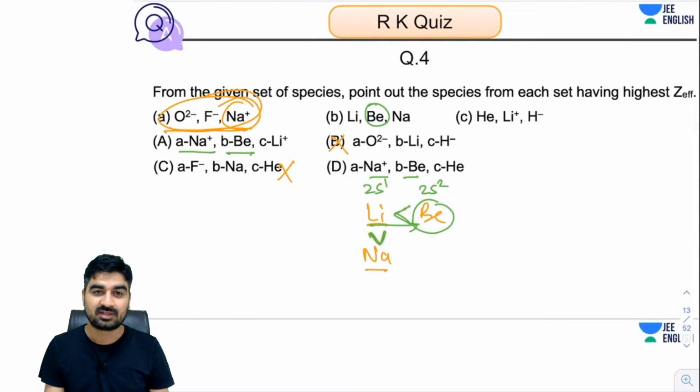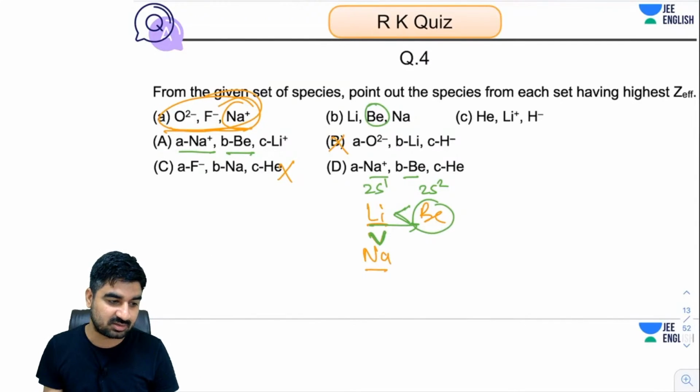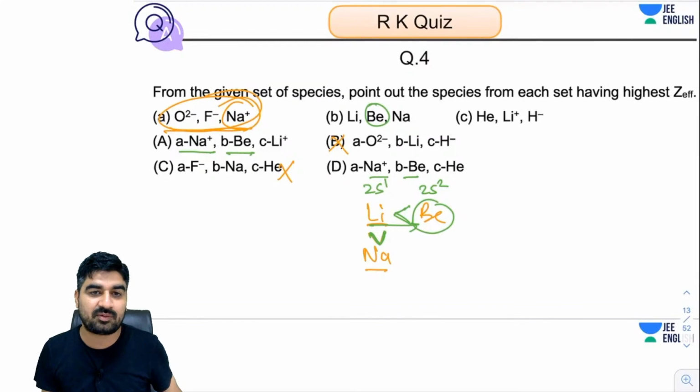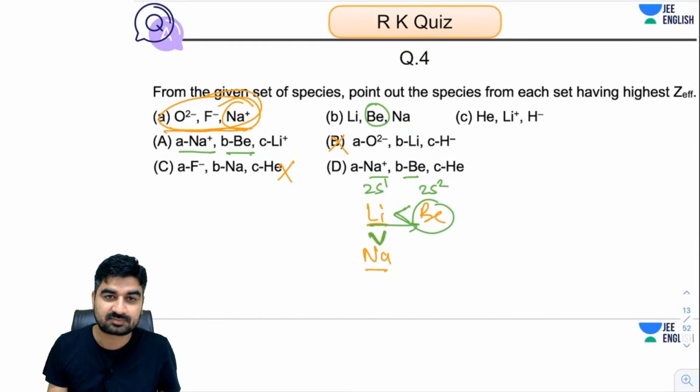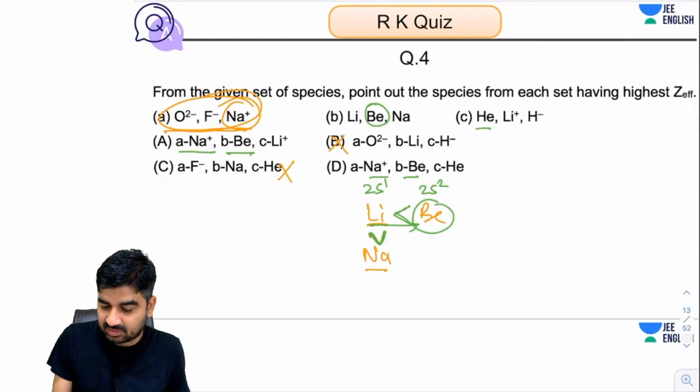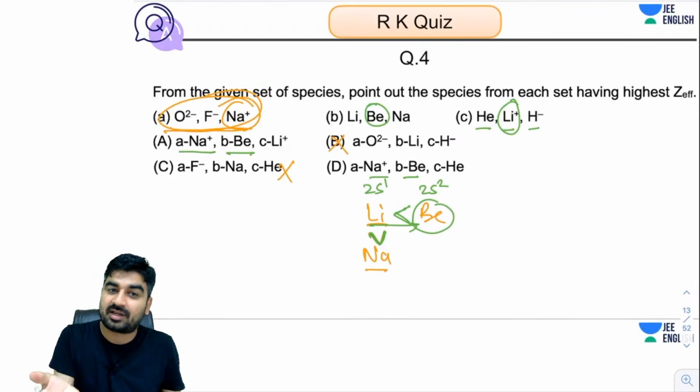Hi Manish. Everybody is solving, so just reply, give your answer. We are revising whatever we have done in the last one week or so. Yes, tell me. So it is He, Li plus and this. Li plus has more tendency to attract because here protons would be more.